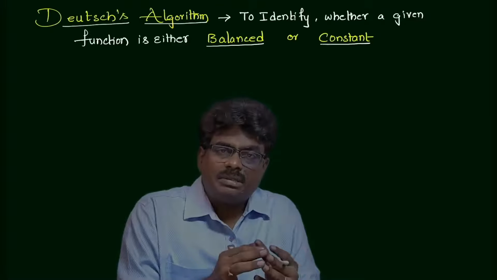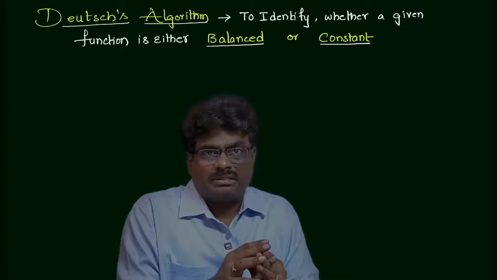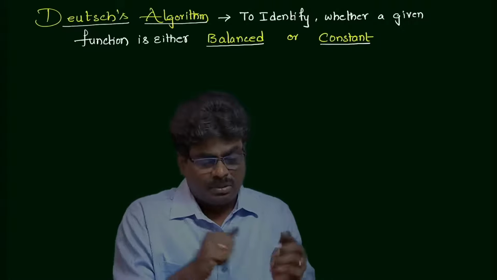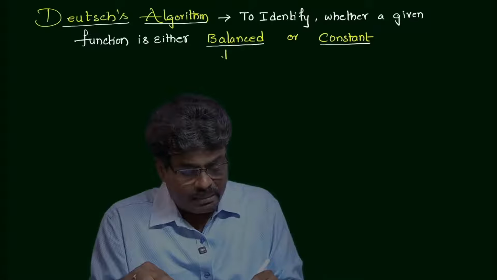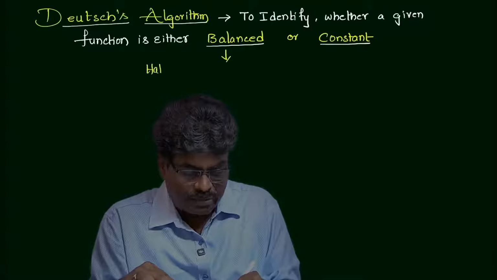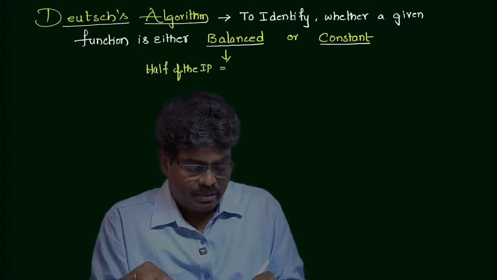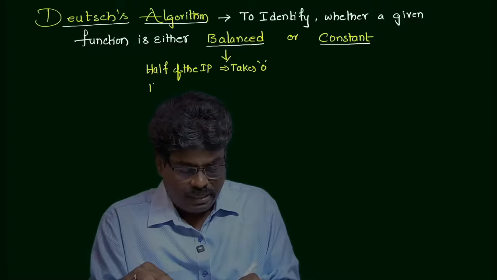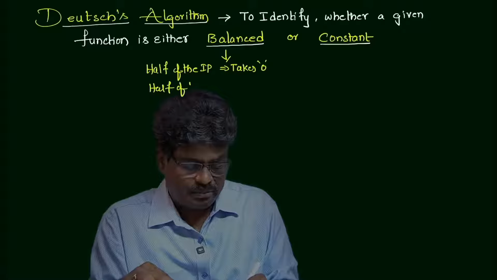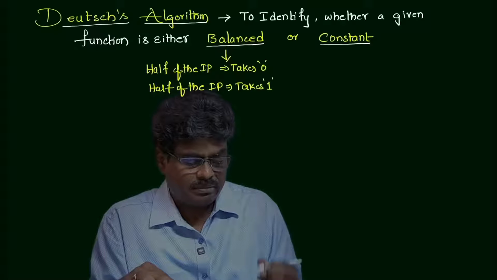Constant means whatever the value of the input, the output is always constant, that is either 0 or 1. So one more time, balanced means half of the inputs, let us say, take 0, and the other half of the inputs take 1.